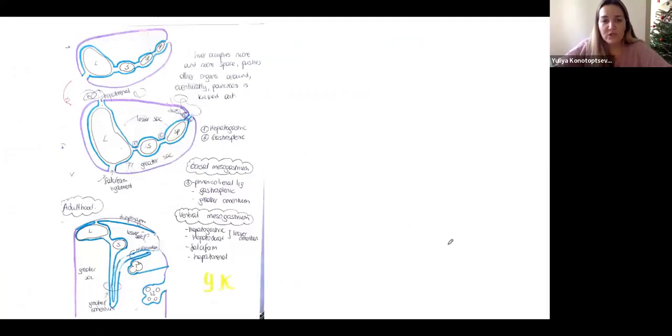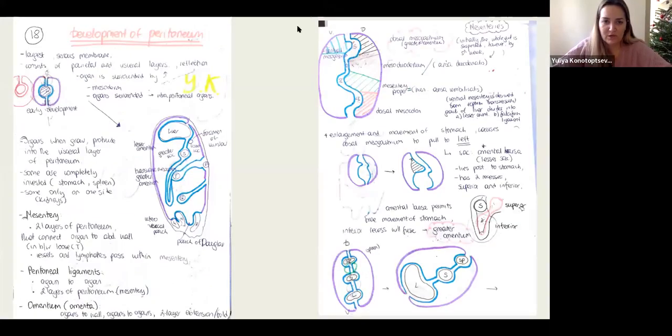So what does it mean to be considered an intraperitoneal organ? We have to draw it. So let's draw it here somewhere. We're going to do a cross section, for example, a cross section through the stomach. We have the posterior body wall.